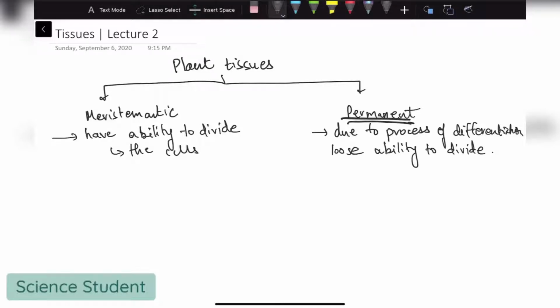Okay, so meristematic tissue cells can divide, but permanent tissue cells lose their ability to divide.